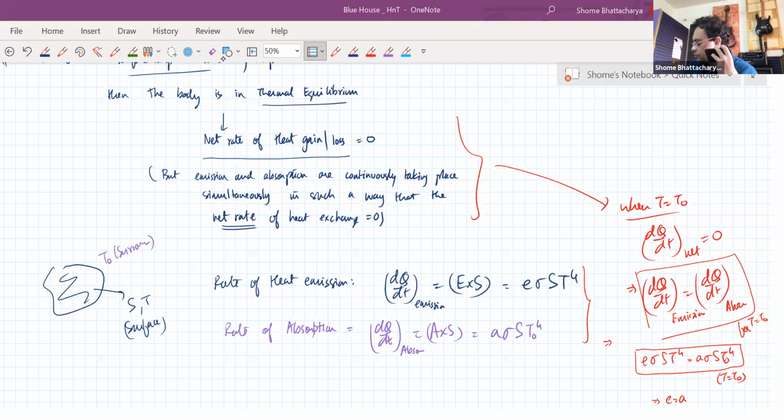Sir, in this case we took the surface temperature to be equal to the surrounding temperature. Is this still valid if it's not equal?